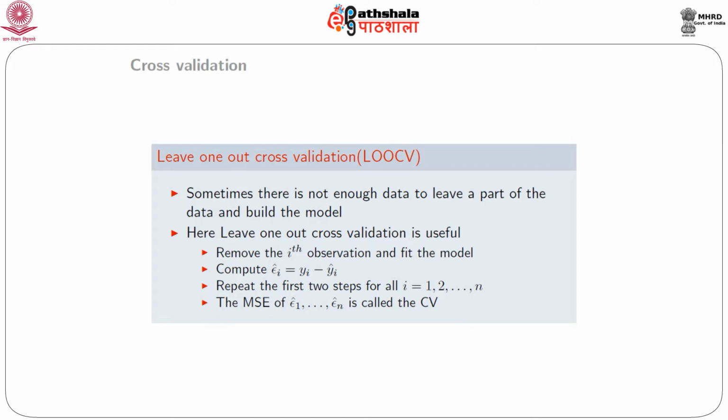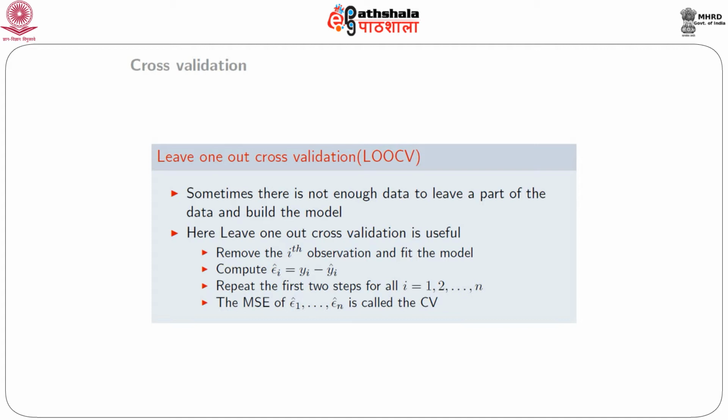So, here comes the idea of leave one out cross validation, which we say as LOOCV, in which the accuracy measures are obtained using the following algorithm. Assume that there are n independent observations y1 to yn. Remove observation i from the training set and fit the model using the remaining data. Then we can calculate the error ei star, which is yi minus yi hat, for the omitted observation.